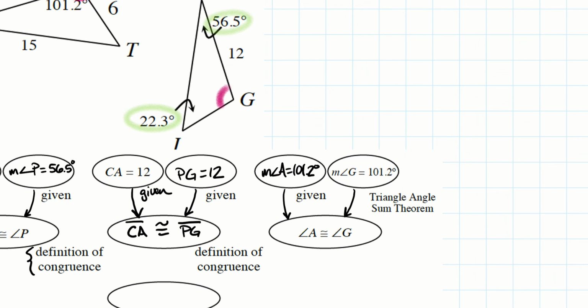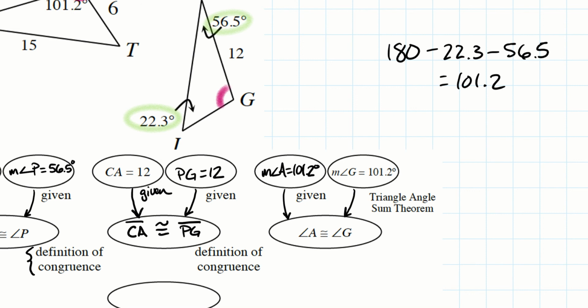And the claim is that if I take 180 and I subtract the 22.3 and I subtract the 56.5, that will equal 101.2. So you can see my argument here is not that I was given anything about angle G. I was given information about two other angles.